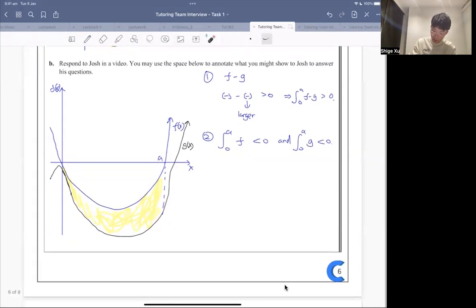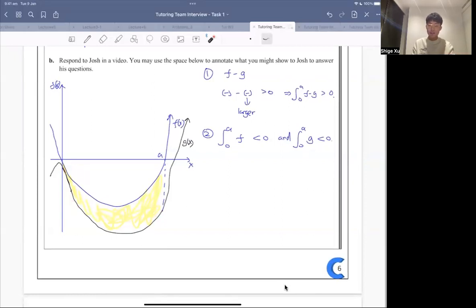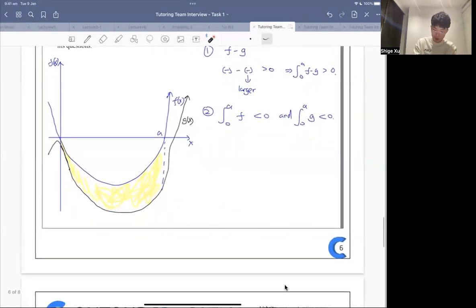But because f of x is above g of x, the area bounded by f of x and the x-axis is smaller than the area bounded by g of x and the x-axis. But both are negative numbers. So again, we have a negative minus a negative number, which is larger, producing a positive number.